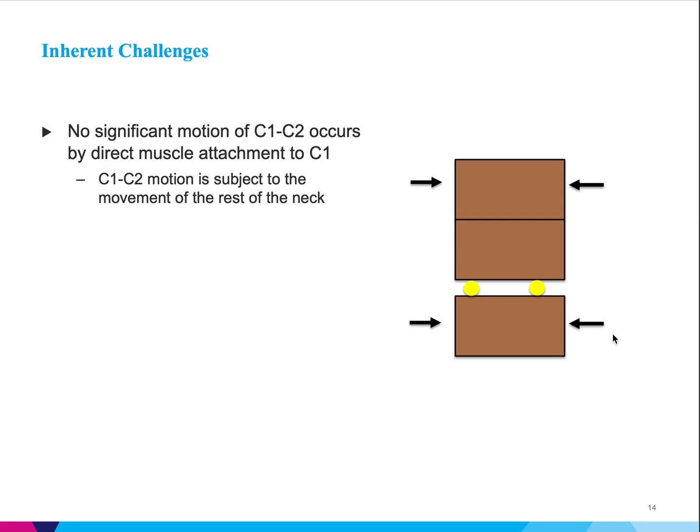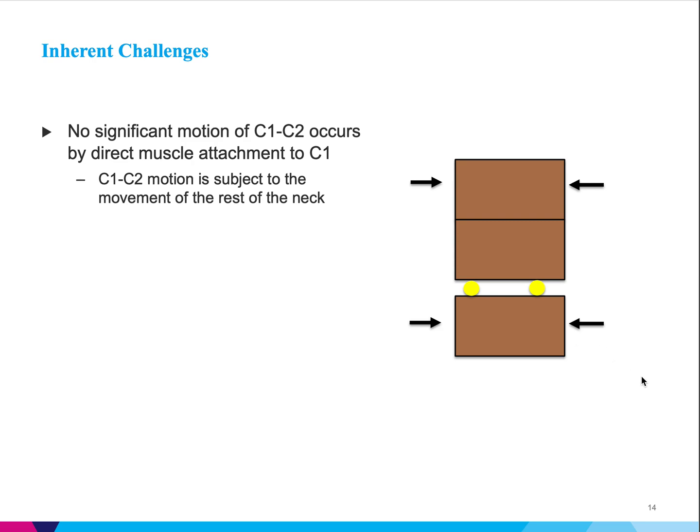The consequence is that sometimes when you are moving the skull or flexing the neck, you actually get extension at C1-C2, not because any muscles are directly extending at C1-C2, but because that is the motion occurring subject to motion outside of C1-C2.